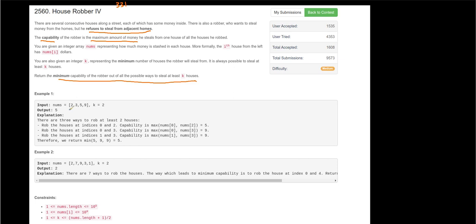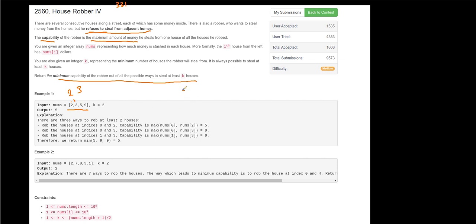Now in this example here we have 4 houses, and notice that we cannot steal 2 adjacent homes, so the robber cannot steal 2 and 3 because they are adjacent.